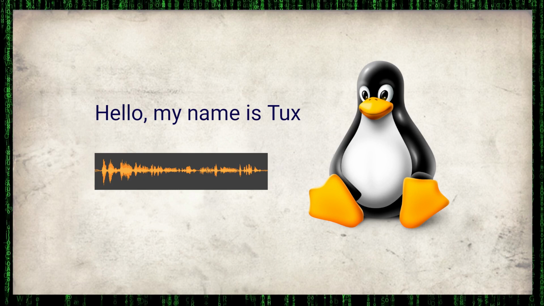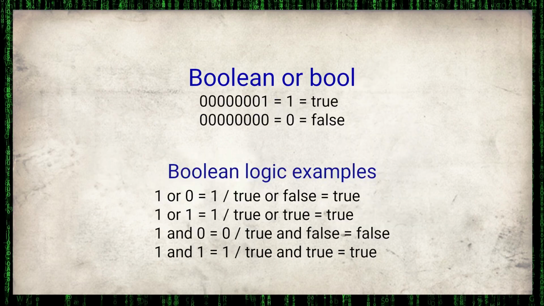Let's say, for instance, you have a byte which consists of 8 bits. That can be used as a boolean, which is either true or false. And booleans are very important because they get used in what we'll discuss later, conditional statements, etc.